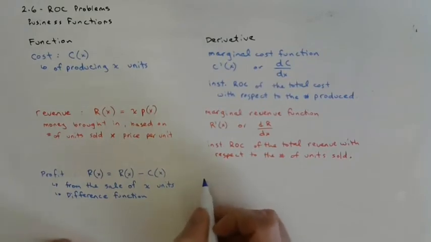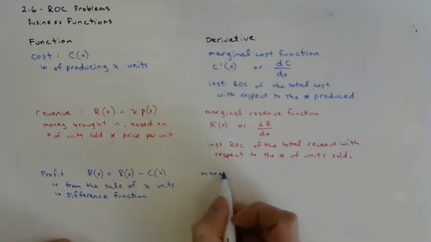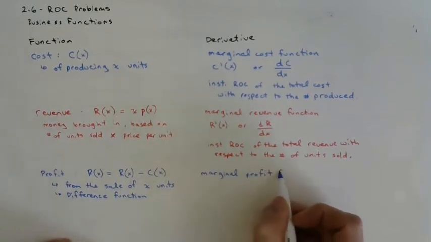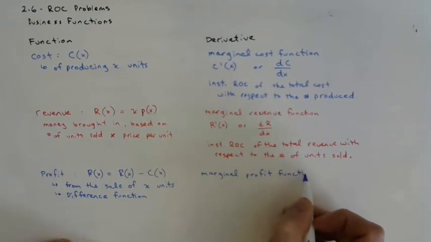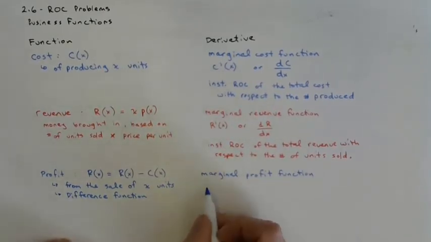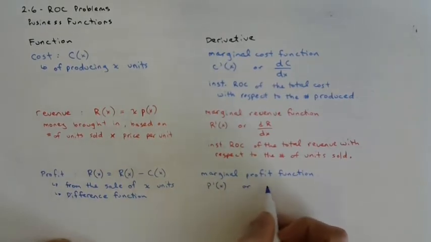Which means that our derivative is called the marginal profit function. It is denoted P prime of X, or dP by dx.